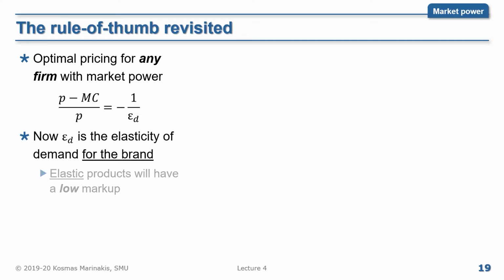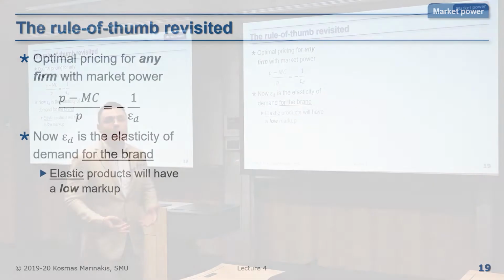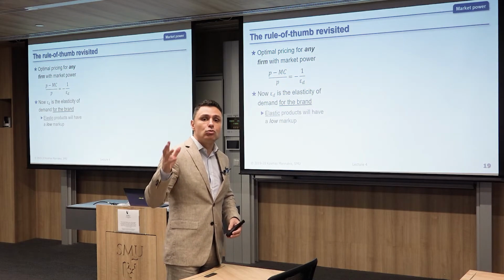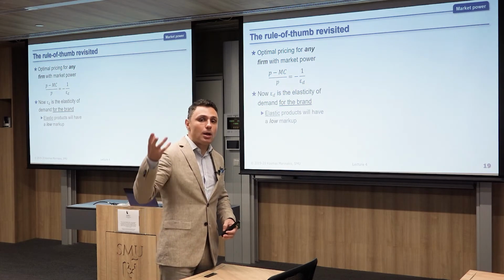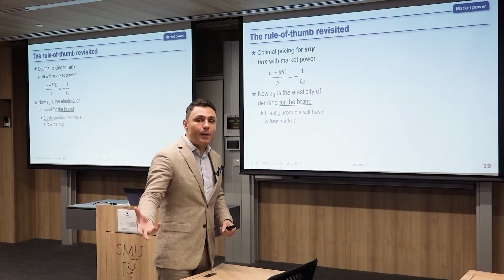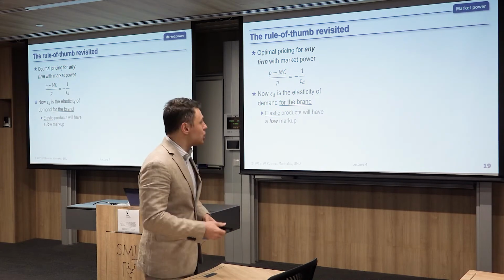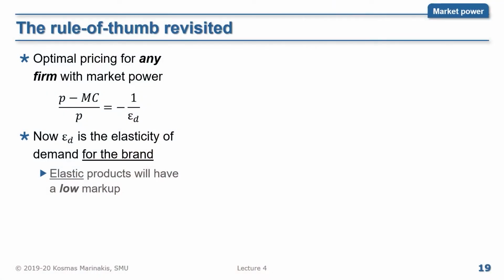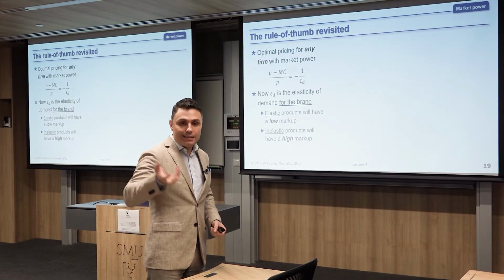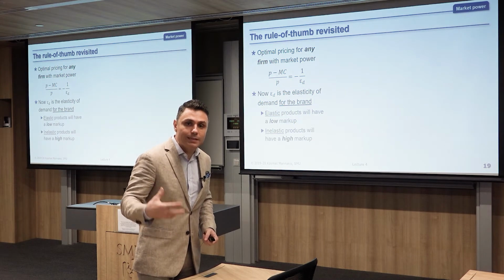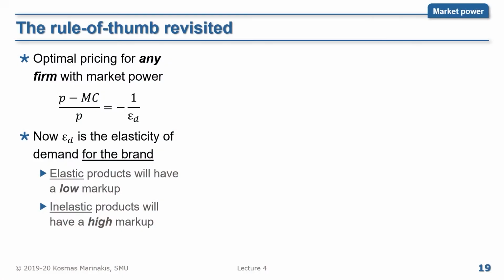We expect that elastic products will have a low markup, because by elastic we mean that the consumers do not tolerate such big increases in the price of these products without looking around to shop from somebody else cheaper, this product or a similar one. And inelastic products will have a higher markup, because since they are inelastic, consumers do not care so much for the price, they will tolerate higher prices.